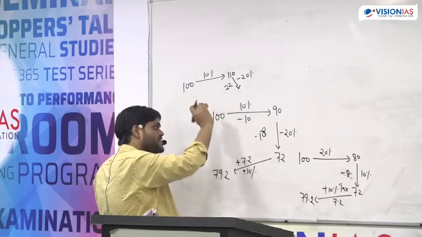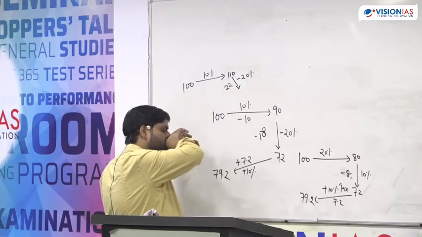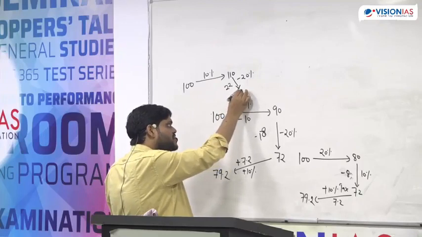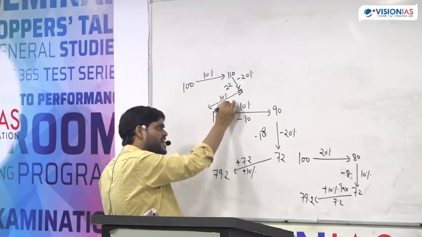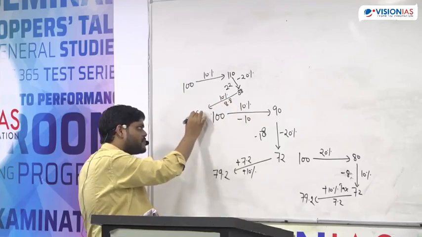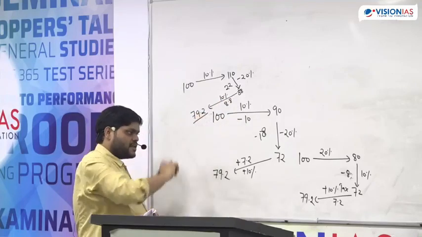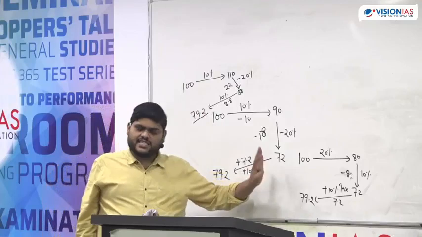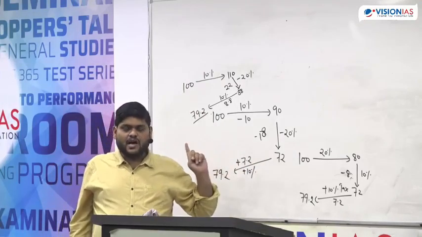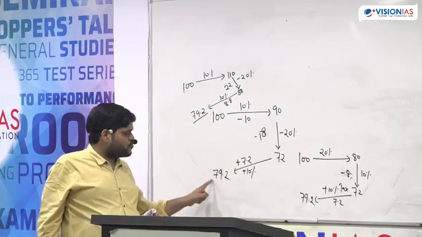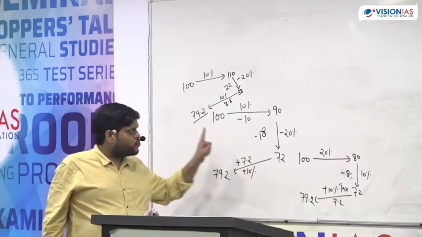If I subtract, this becomes 88. And then a 10% discount, that means 8.8, and this becomes 79.2 again. So the third case is the same case, because finally the customer has to pay 79.2 rupees only.